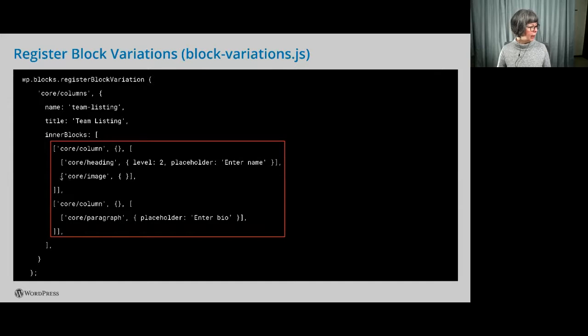And then under that, I have my core image block with no image set, because I would assume that if someone were using this block variation, they would be adding their own image. Now, if you had a block variation that you wanted to always have the same image, you could reference it here and then build it out with the properties of the block.